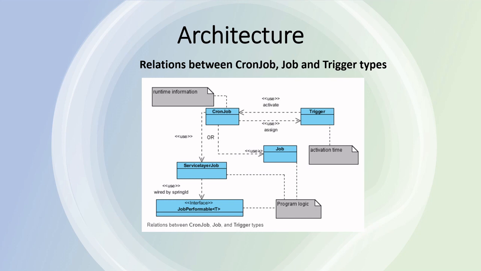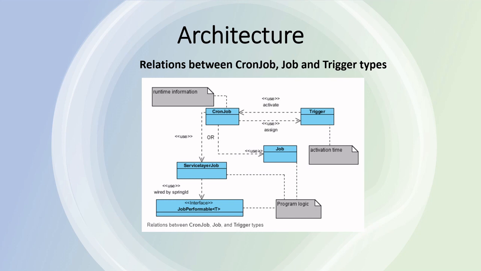The advantage of splitting the logic into a separate bean is that it is possible to use the power of the Spring framework, because you can inject all the loosely coupled dependencies you need in your logic and have the full power of the service layer job. It is also much simpler to use the abstract job performable, which provides the basic functionality for a common job performable implementation like request aborting, abort handling, and all those things.